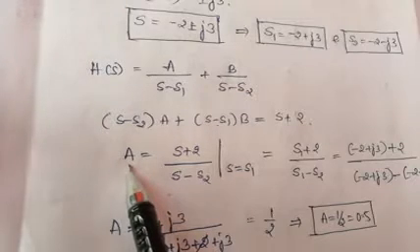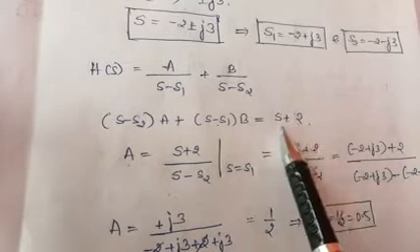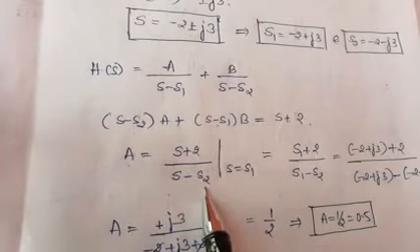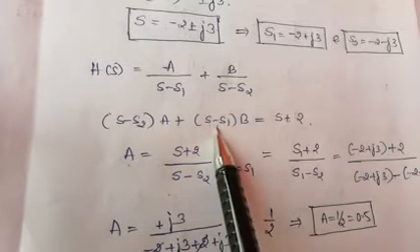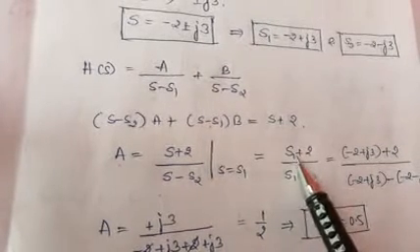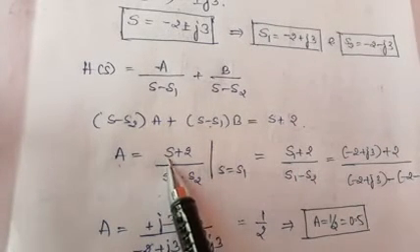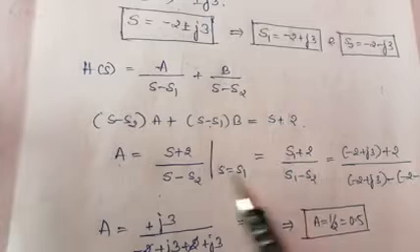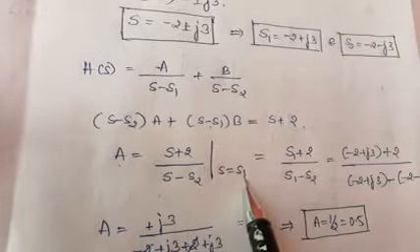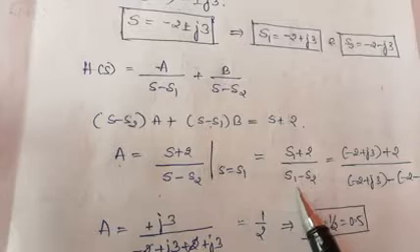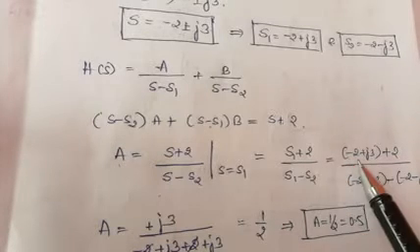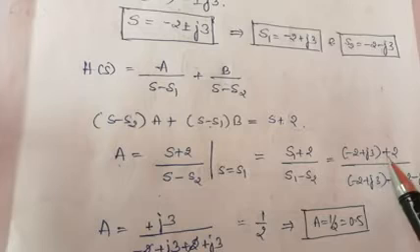Okay, s plus 2. And find the A value. A equal to (s plus 2) divided by the coefficient of A, that is (s minus s2), at s equal to s1. So wherever s is there, replace it by s1, that is (s1 plus 2) divided by (s1 minus s2). Already we calculated the value of s1, that is s1 equal to minus 2 plus j3, plus 2.